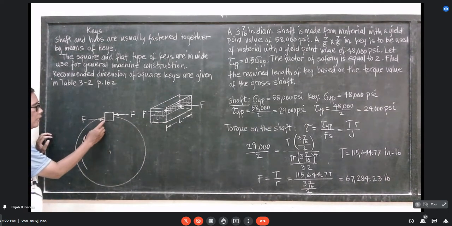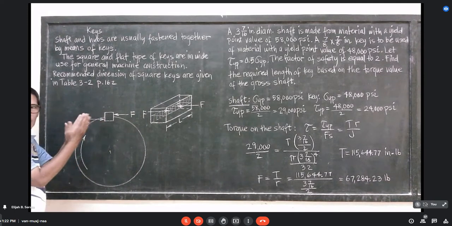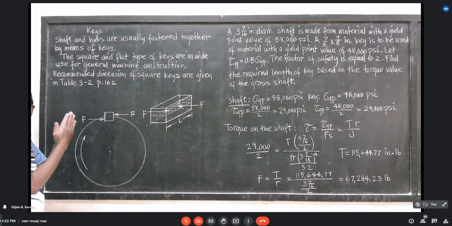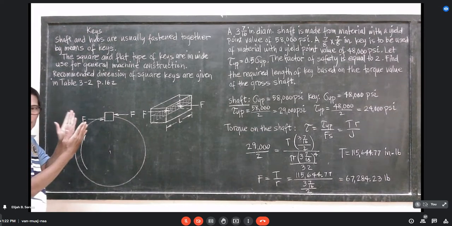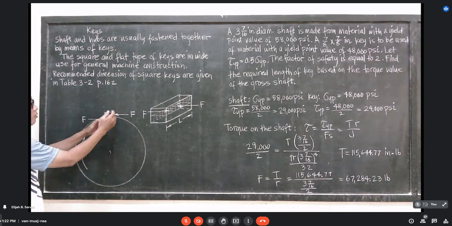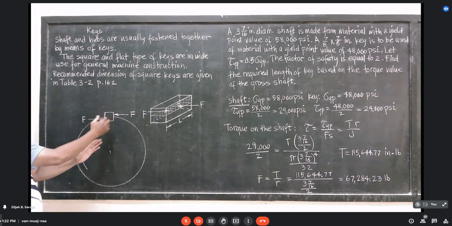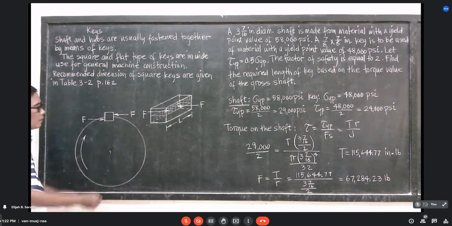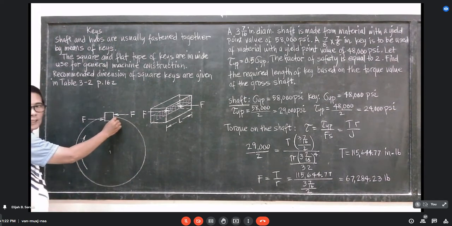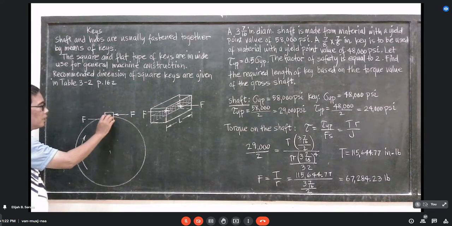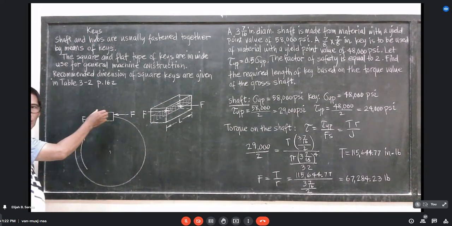This is the side wherein there is a pushing between the surface of the shaft and the surface of the key. And this is the side also where there is a pushing of the surface of the key to the surface of the hub. However, in certain cases it may act differently.